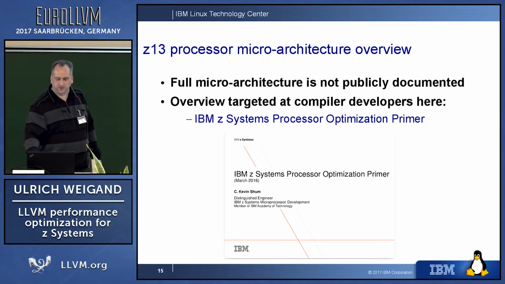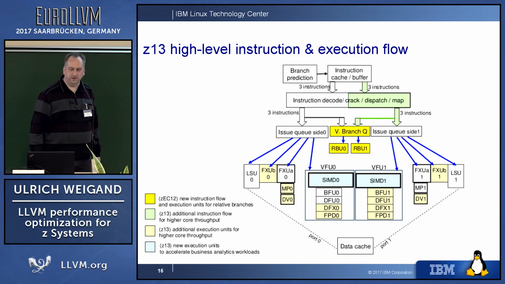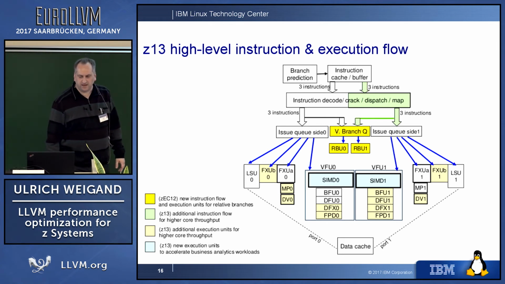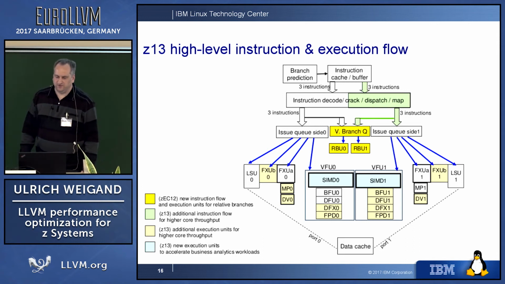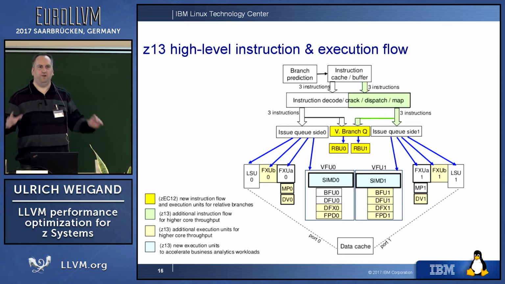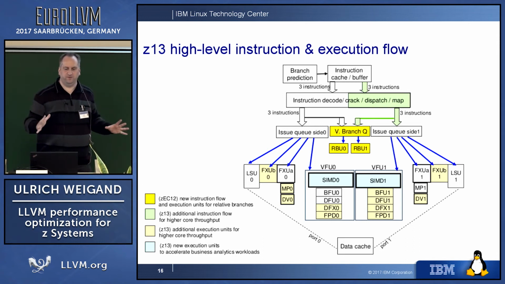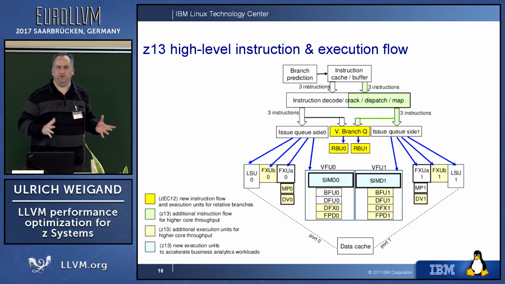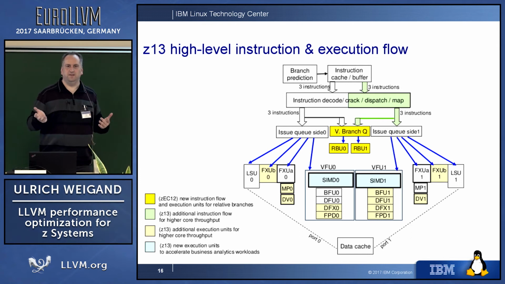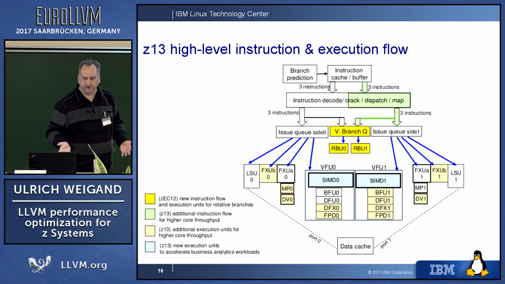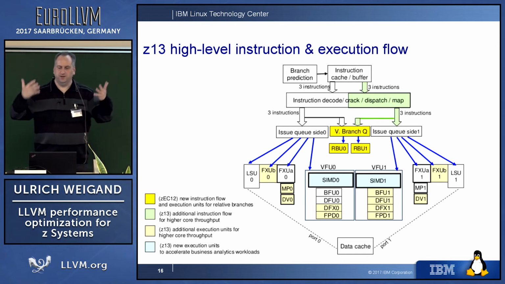And I'll just have two charts out of that to show here. And again, I'm not going into all the details. So this is the high-level flow of how the processor works. Again, if you're familiar with how some of the other current processors like Intel or Power work, it's not all that different. It is a modern out-of-order pipeline.